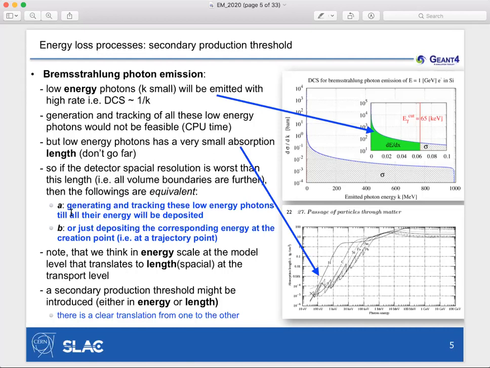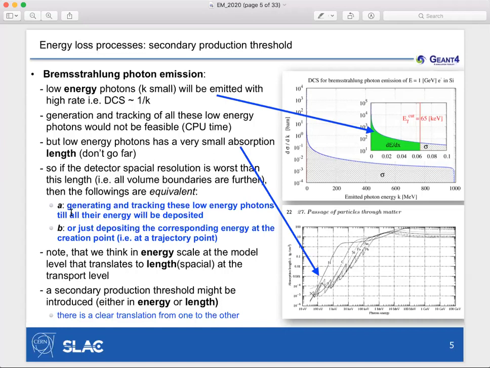So if you are in this situation, then if we generate photons that would not go out of your volume, and we track them really one by one individually till they are absorbed, or we don't even stop the primary particle to generate them, but we account that these photons would have been generated, their energy would have been taken away from the primary, but it's deposited immediately at the trajectory point, eventually you don't see the difference, because the deposited energy stays within your spatial resolution.